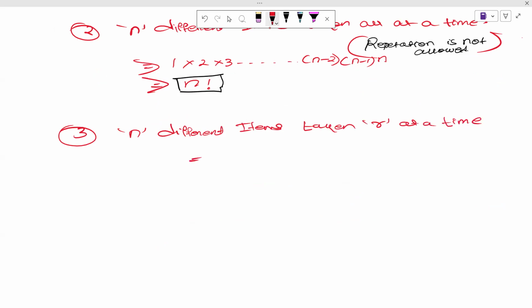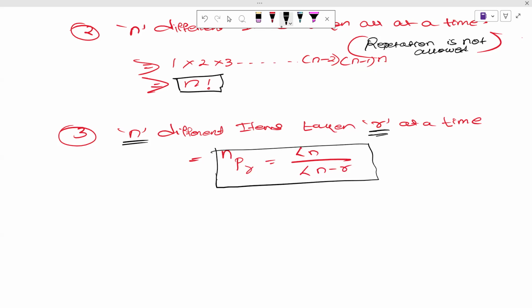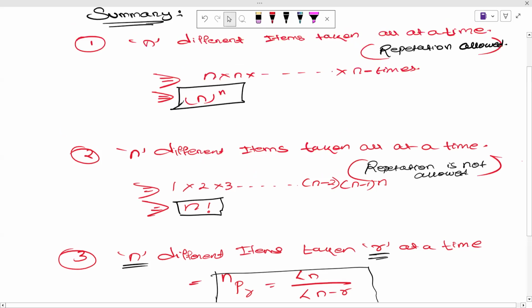For this case, we can say nPr, which is factorial of n divided by factorial of n minus r. So in the previous video, we learned these things and also solved some questions related to this concept.